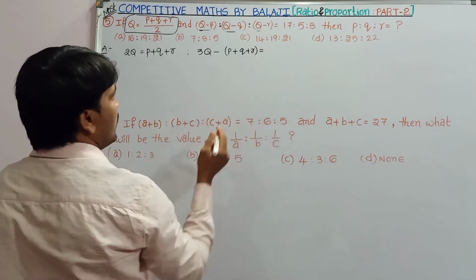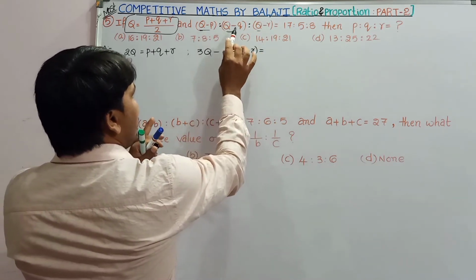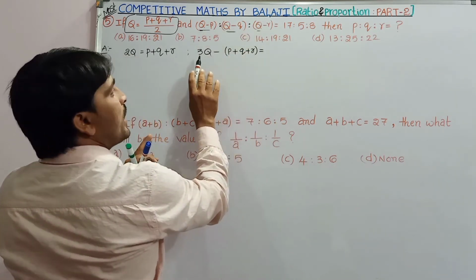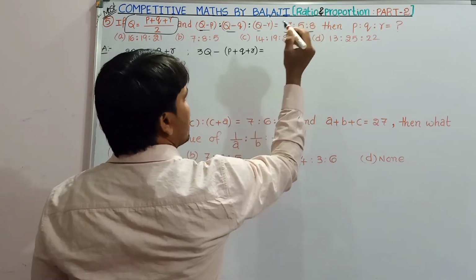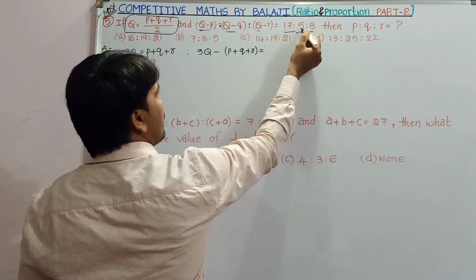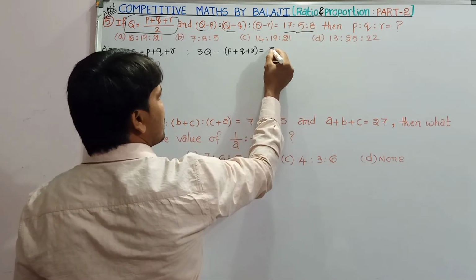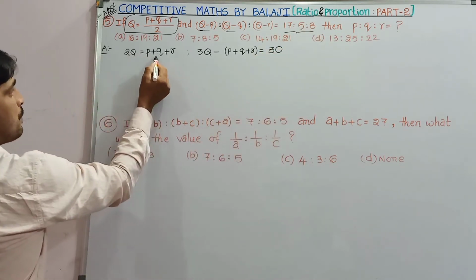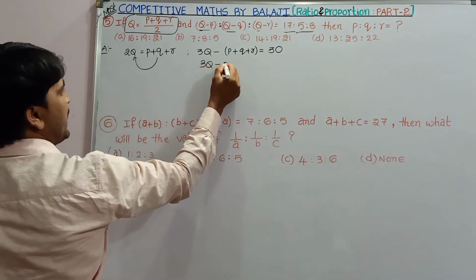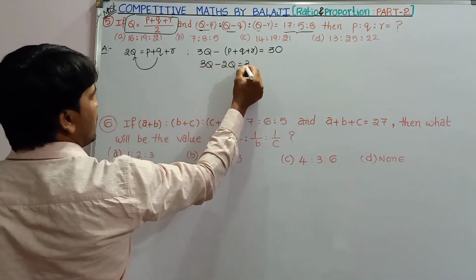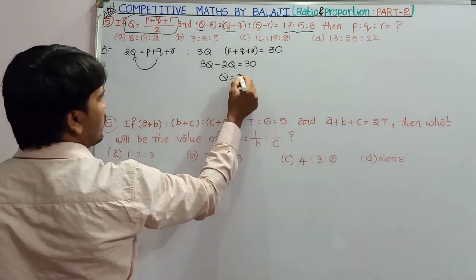In the LHS side we are adding each term of the ratio. On the RHS side add the terms of the ratio: 17 plus 5 is 22, plus 8 is 30. But what is the value of p plus q plus r? It is 2q. 3q minus 2q is equal to 30. That is, finally we get q equal to what? 30.